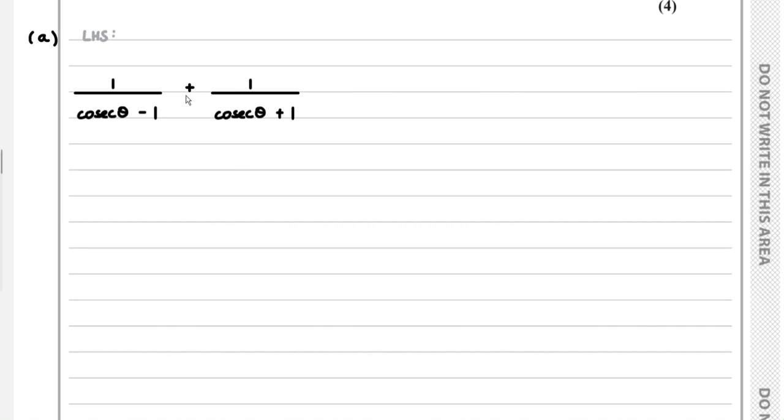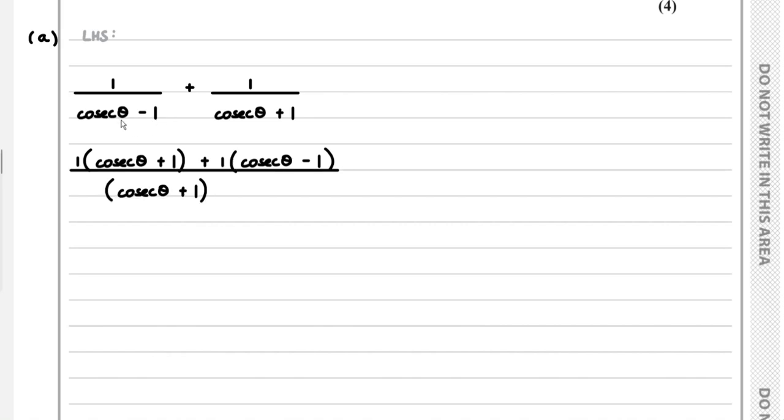And now, combining these fractions, we have 1 multiplied by cosec theta plus 1 plus 1 multiplied by cosec theta subtract 1 over cosec theta subtract 1 multiplied by cosec theta plus 1.